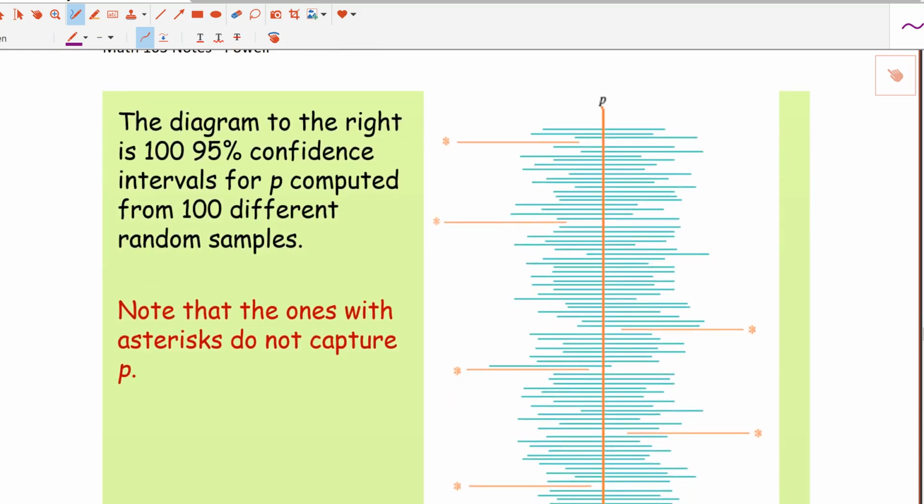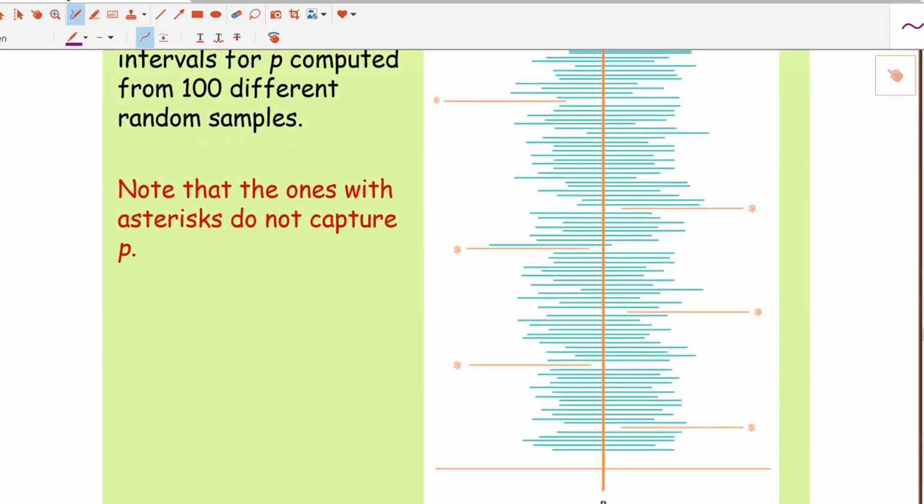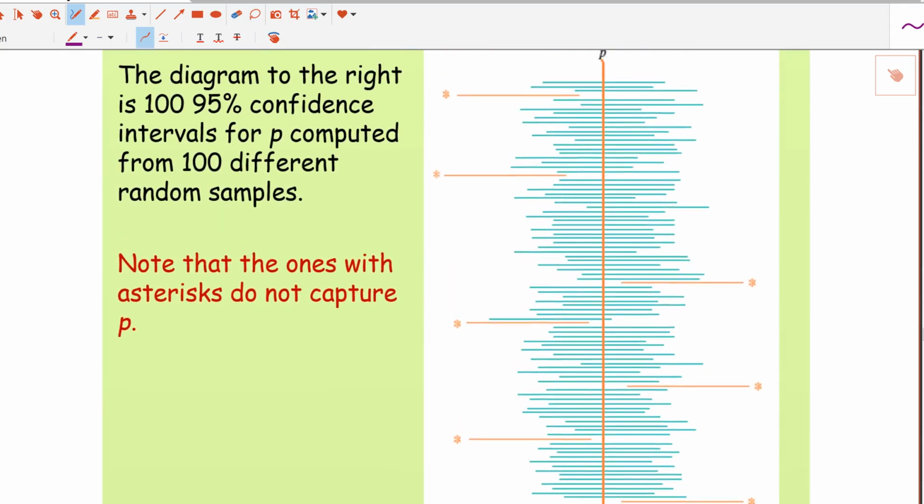Okay, so I know it's a little strange to be thinking about it that way, but it's really important that you understand this. So this diagram right here shows basically a chart. These were all the P hats that were found, and this was done with a 95% confidence interval.